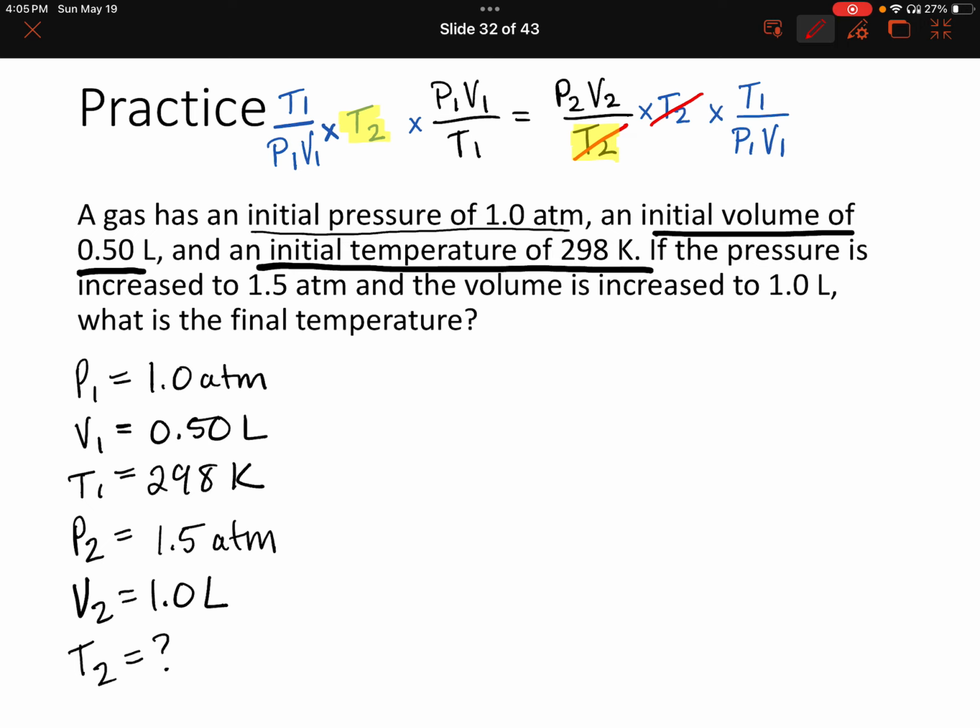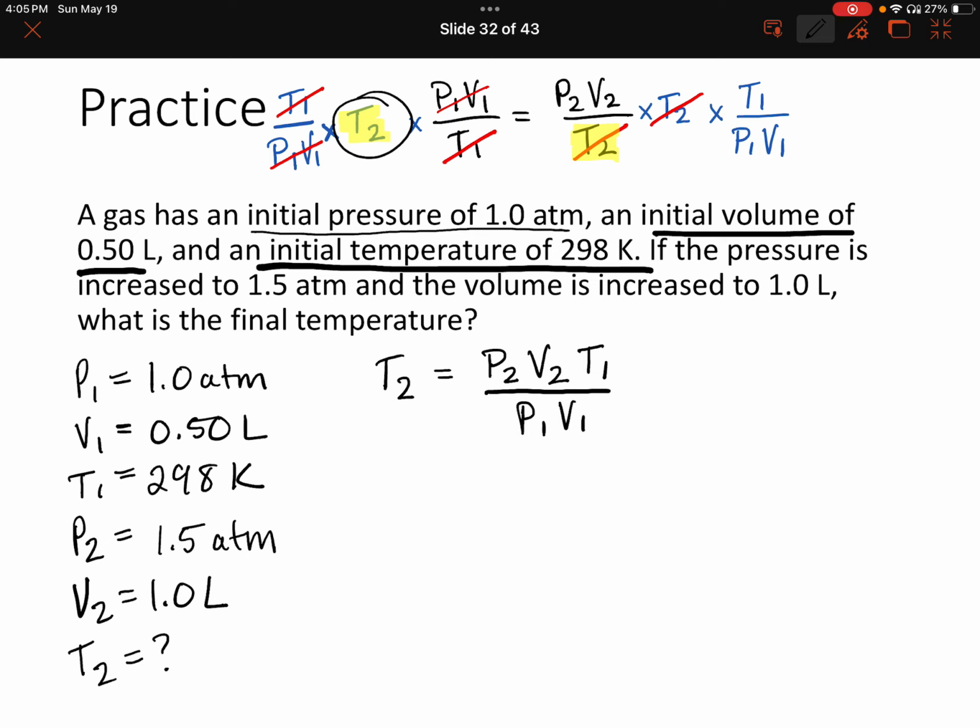On the left-hand side, T1 will cancel, and then P1 times V1 will cancel. Now let's write this a little more neatly down below. On the left-hand side, all we have left is T2. On the right-hand side, we have P2 times V2 times T1 all over P1 times V1. All right, so getting a little bit of our algebra practice in there, working with fractions and moving them around.